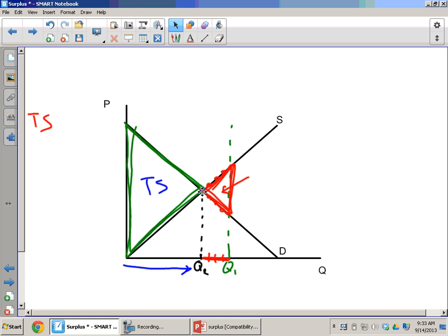But it still becomes a normative decision for society as to whether or not that's a sensible option, whether or not it makes sense to do that. We're going to look at some more applied examples as we go further into the concept of deadweight loss and theory of the firm. But suffice it to say for now, when we produce outside the market quantity, there is a deadweight loss that society incurs in some way.